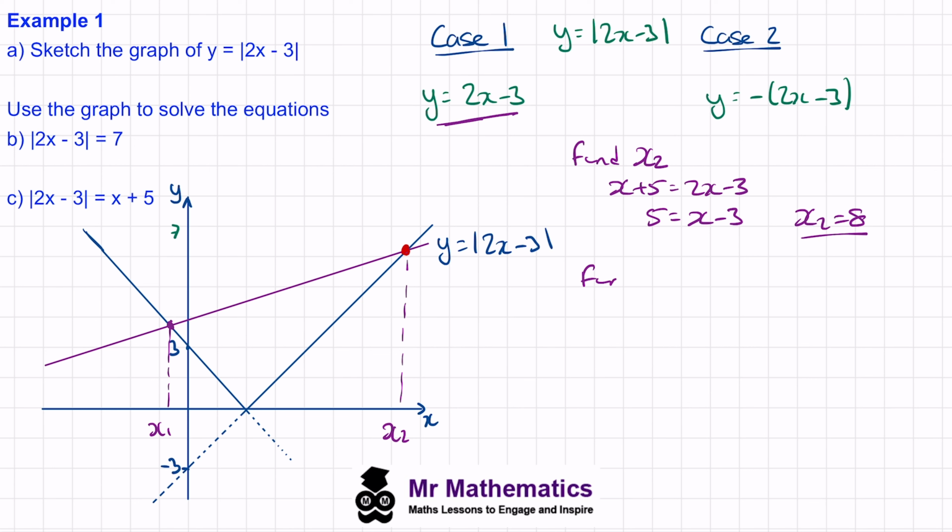And to find x1, we'll use case 2, which is this part of the line. So x plus 5 will equal negative 2x plus 3. Moving this negative 2x to the left hand side and this 5 to the right hand side, we get 3x is equal to minus 2. So x will equal negative 2/3. Okay? And this is x1.